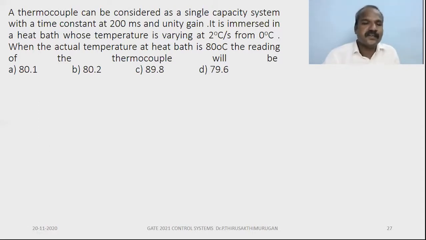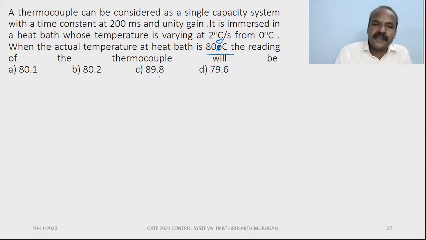When the actual temperature of the heat bath is 80 degrees Celsius, what will be the reading of the thermocouple? Is it 80.1, 80.2, 89.8, 79.4, or 79.6? Which is the correct answer? Tell me.